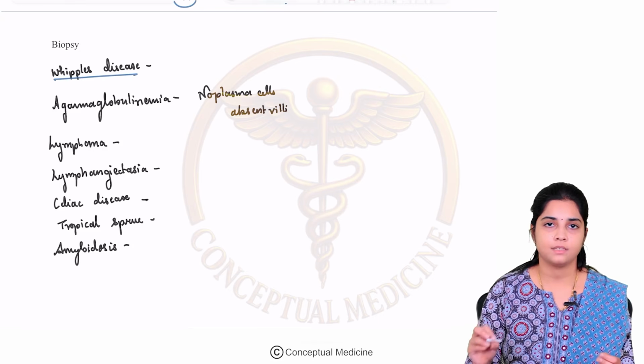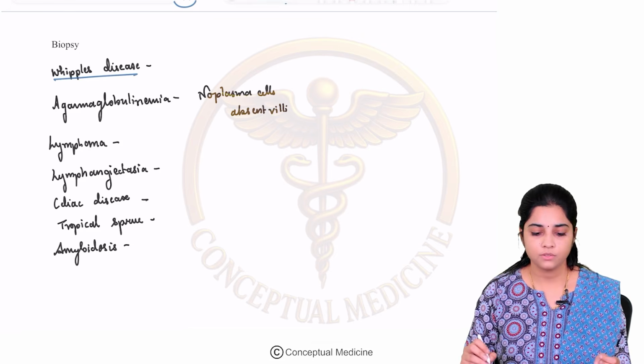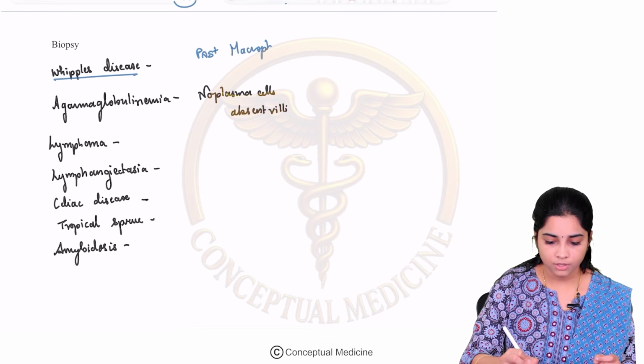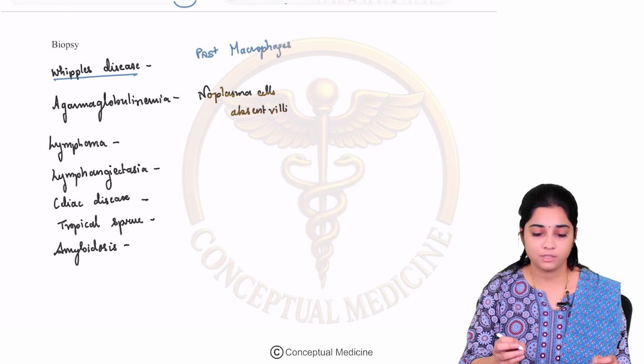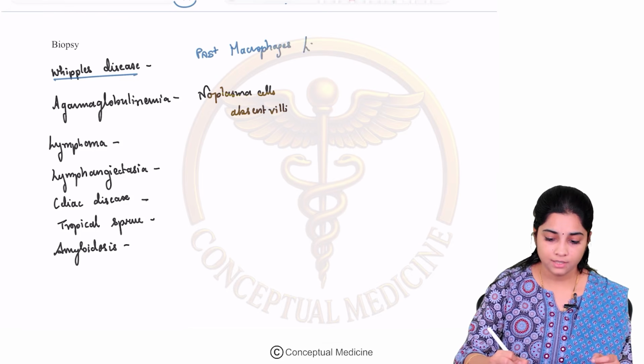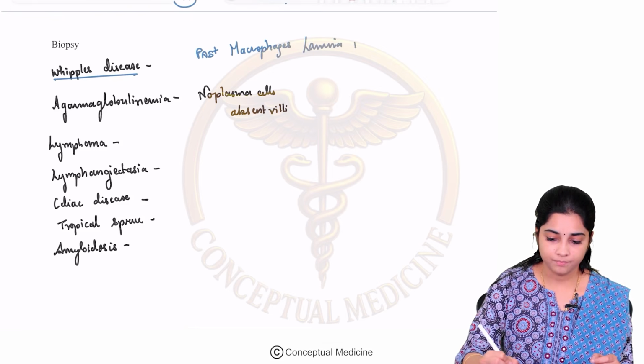So Whipple's disease, how is it diagnosed? If periodic acid-Schiff staining is done, you find PAS positive macrophages in the lamina propria.